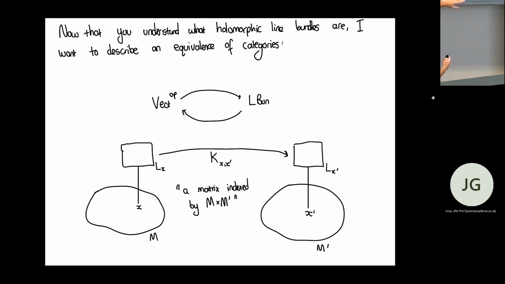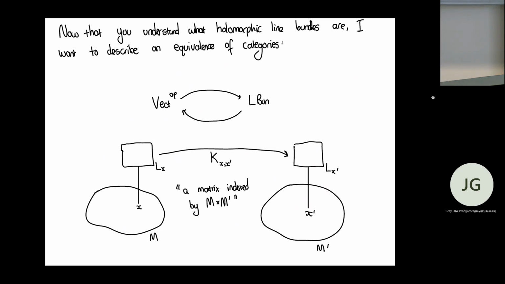So just to have a picture of that, I've got a line bundle over M, and here's a line bundle over M prime. What do I mean by a morphism between them? I mean a section of the product line bundle, which means that for every x in M and every x prime in M prime, I'm going to have a linear map from Lx to Lx prime.